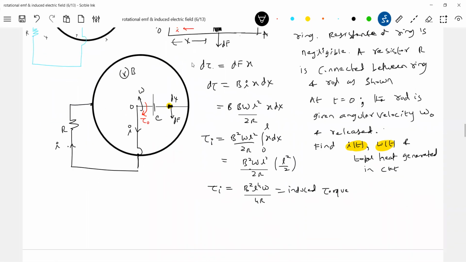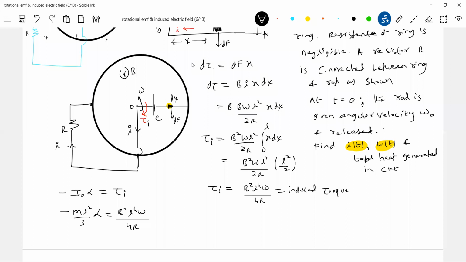Let's come to the basic mathematics. How does this torque act opposite to angular velocity? So let me write tau I. So minus I_O alpha should be equal to tau I. So this is m L square by 3 alpha, equal to B square L to the power of 4 by 4R.